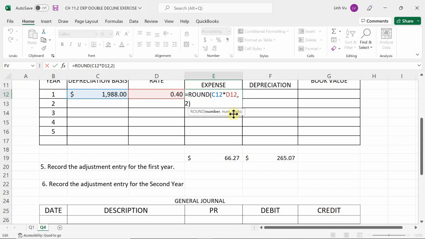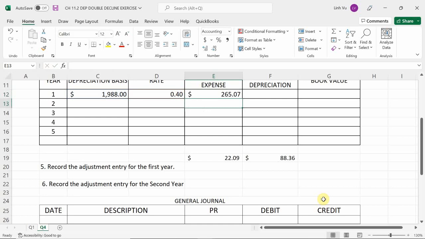But my asset's not one whole year. It's only 4 months old. So in this case, what I do here is I multiply by 4 and divide the whole thing by 12. Why? Because it's only 4 months old out of 12. So in this case, I get 265.07.